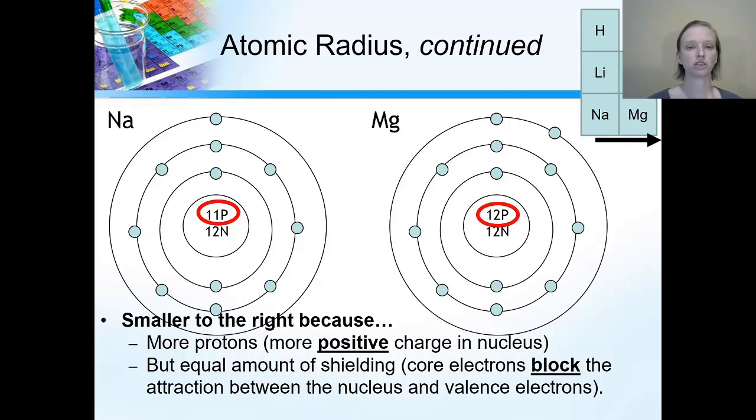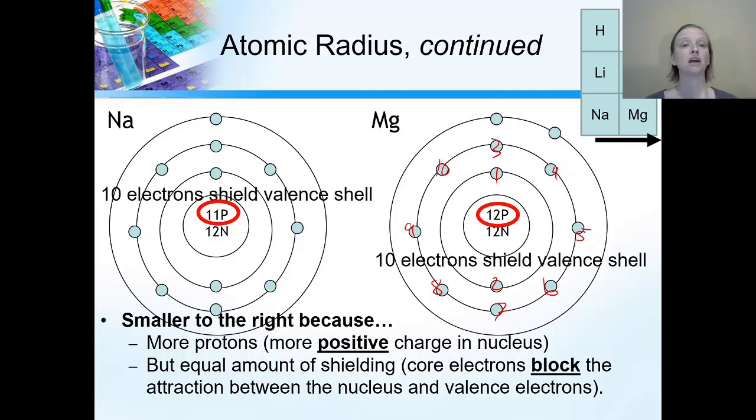And what I mean by shielding is that core electrons are blocking the attraction between the nucleus and the valence electrons. So I have 1, 2, 3, 4, 5, 6, 7, 8, 9, 10 electrons, 10 electrons shielding the valence shell from the nucleus. And that's true for sodium and for magnesium.